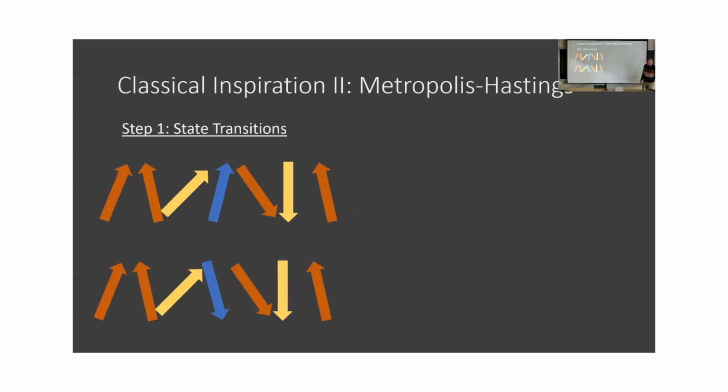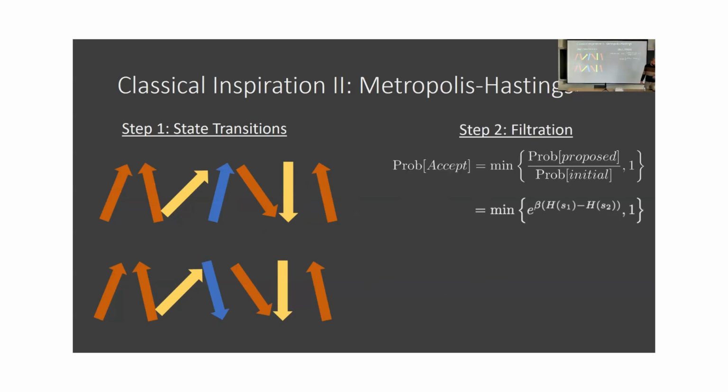Okay. And so it breaks down this probability, this Boltzmann distribution, into 2 steps. One where you transition from a given input state to another. So for example, you maybe pick a random spin and you rotate it. So it would be like the blue one. And then you filter.